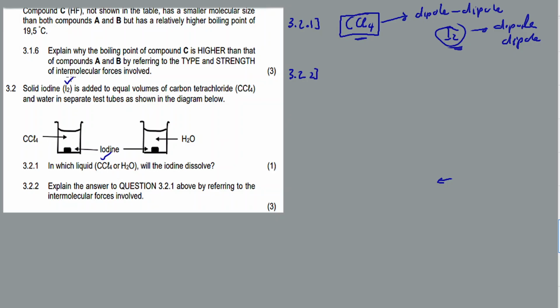So it is easier for iodine to dissolve in tetra because the intermolecular forces are of comparable strength, meaning they have equal strength. So 3.2 ends here, you can put it in your own words, but make sure you hit the keywords.